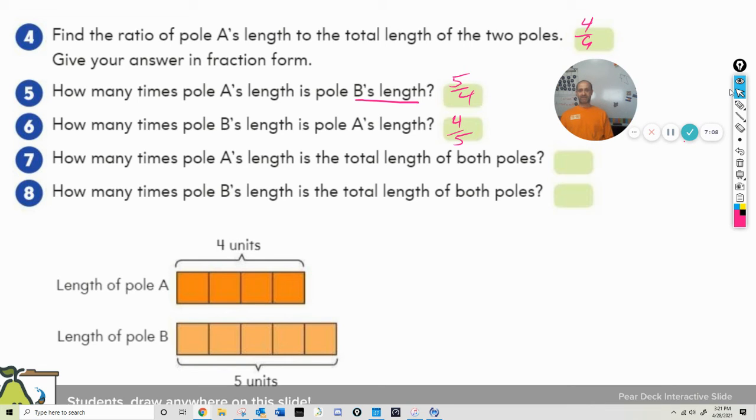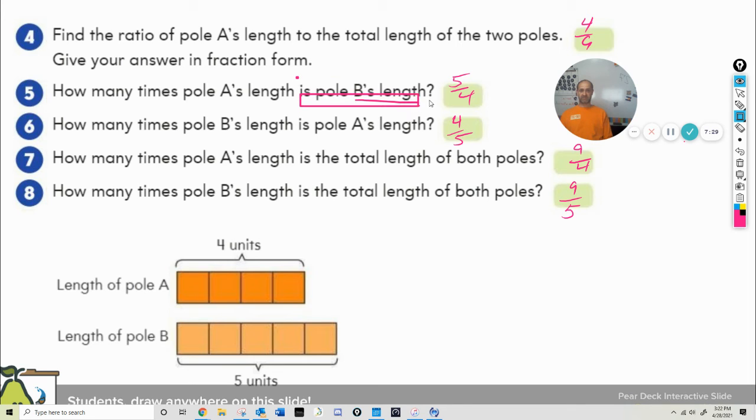How many times pole A's length is the total length? Well, the total is 9 to 4. And the total compared to pole B is 9 to 5. Reread these again. And it seems counterintuitive because it's coming at the end, but this is what they're focused on in each problem, is that bit.